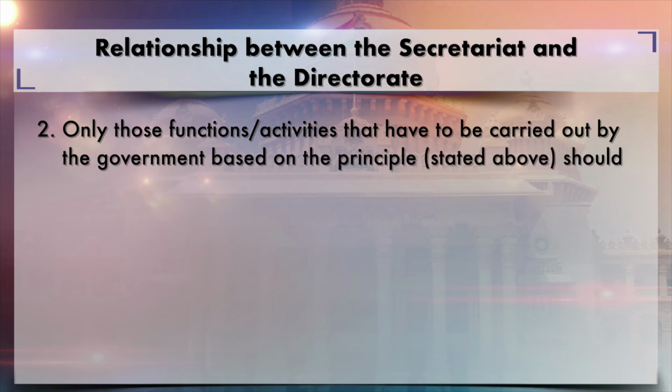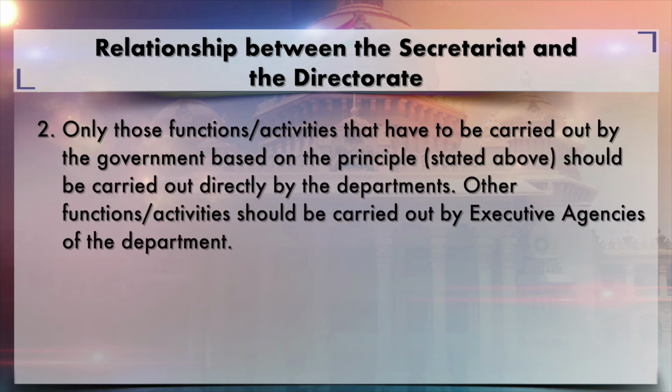Number 2, only those functions or activities that have to be carried out by the government based on the principles stated earlier should be carried out directly by the departments. Other functions or activities should be carried out by the executive agencies of the department.